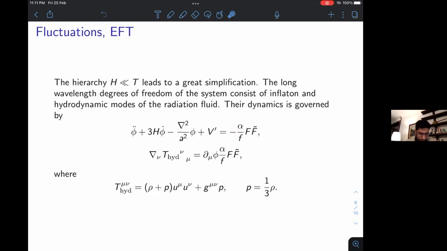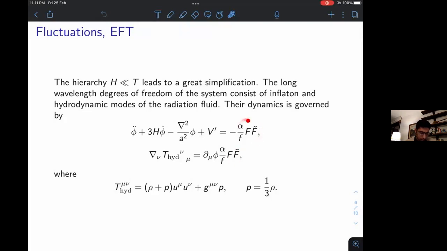Now, the right-hand side of this equation, the way I have written, is not actually consistent with what I said, because now the right-hand side contains F F-dual, which knows about this Coulomb field. While in this effective description, we don't have those gluons or those non-abelian gauge fields. Those are not part of the long wavelength fluctuation.